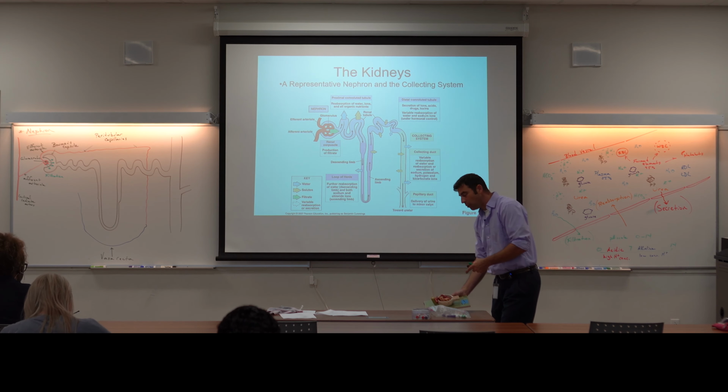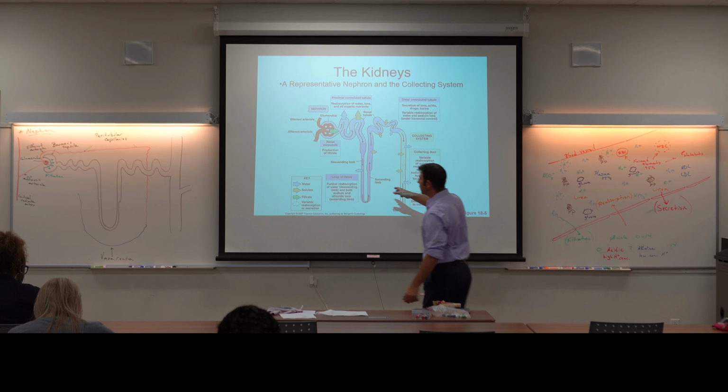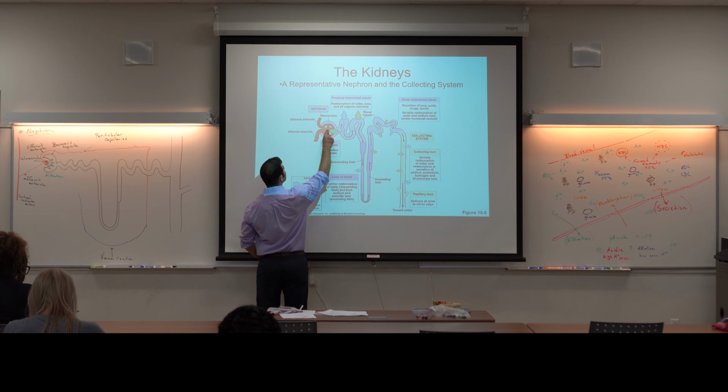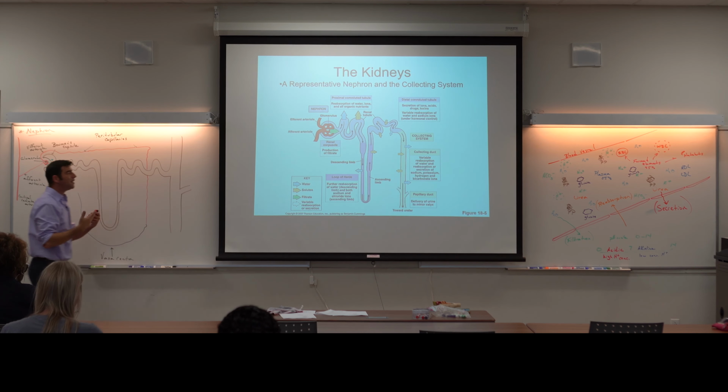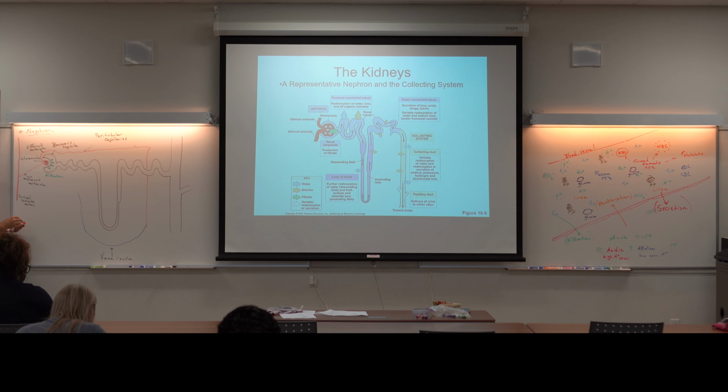And those tiny little pores, there's a better picture of this in a second. The tiny little pores that are all along this glomerulus make it easy for filtration to occur. But like we said, that means anything that's small enough to make its way into these tubes is going to make its way out. So things like sodium ions, potassium ions, things like hydrogen ions.